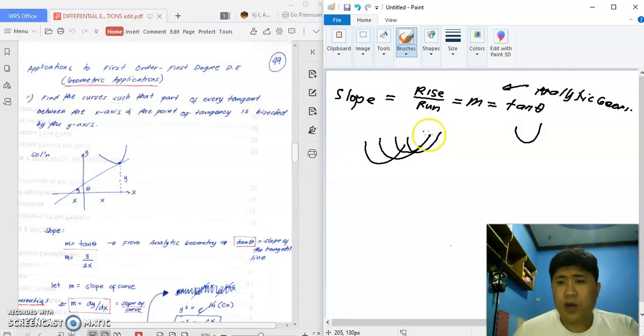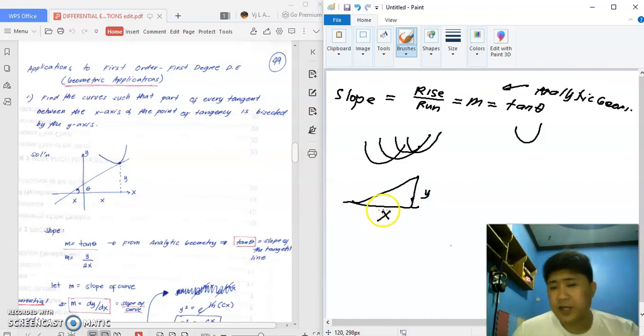So meaning you are looking for the equation of the curve such that part of every tangent, and we know that when we talk about tangent, it talks about the slope and rise over run. And when we talk about rise over run, we always look at this figure. This is your y, this is your x, right? And this is your rise, and this is your run.